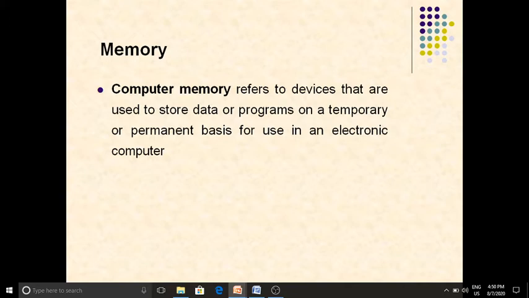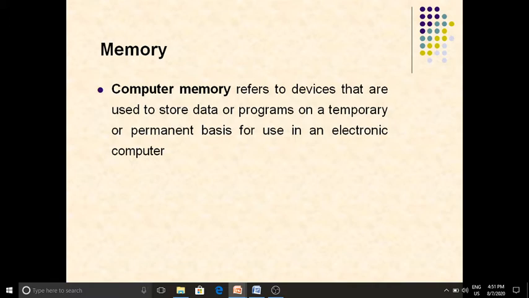What is memory? Computer memory refers to devices that are used to store data or programs on a temporary or permanent basis for use in an electronic computer. In the previous class we have already discussed memory, which is a very important part. Actually, a computer is an electronic device that takes the input, processes that input and gives the output.